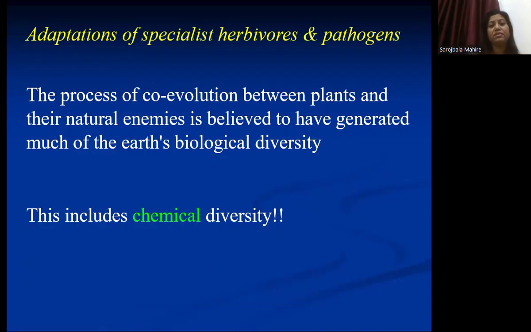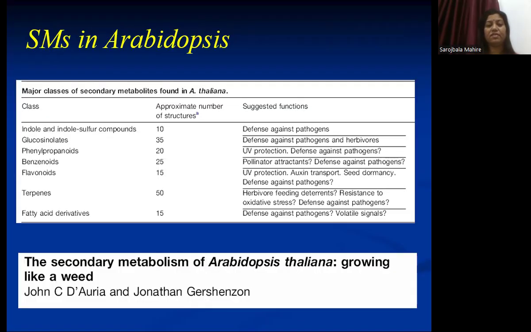Adaptation of specialist herbivores and pathogens to the process of co-evolution between plants and their natural enemies is believed to have generated much of the Earth's biological diversity. This includes the chemical diversity. Secondary metabolites in herbivores, this one is the metaphor given here.